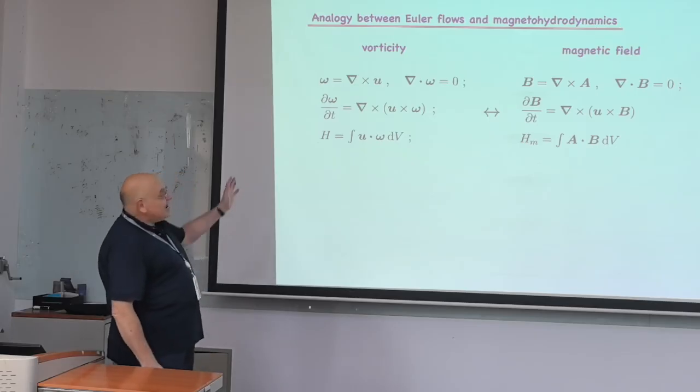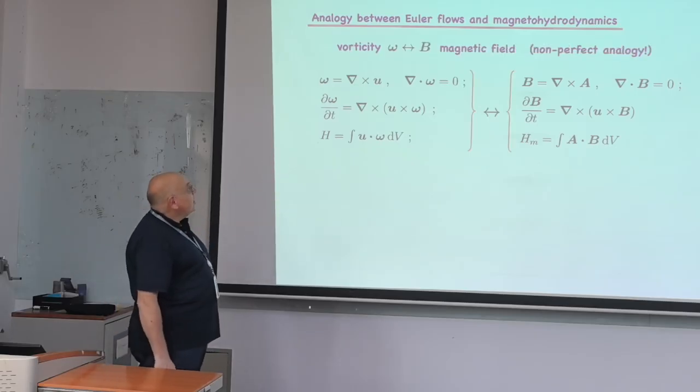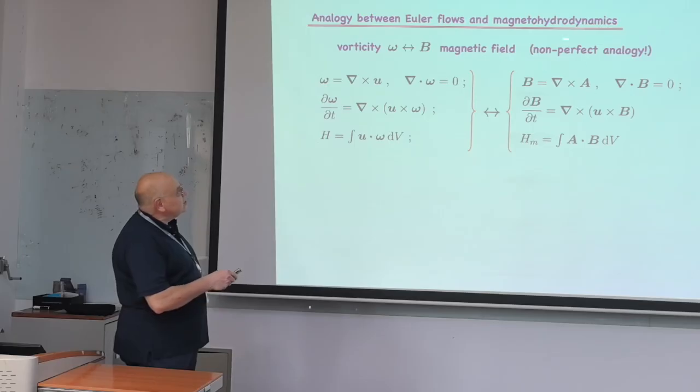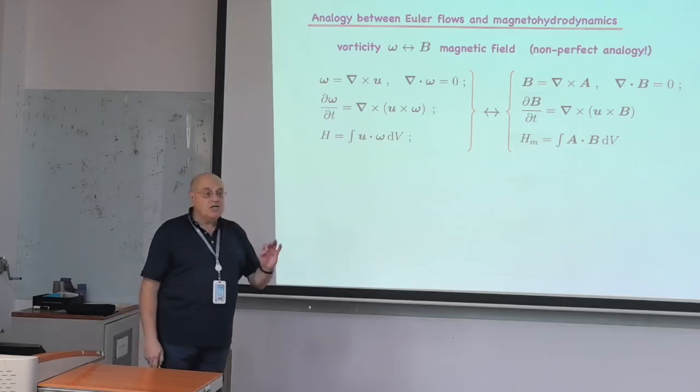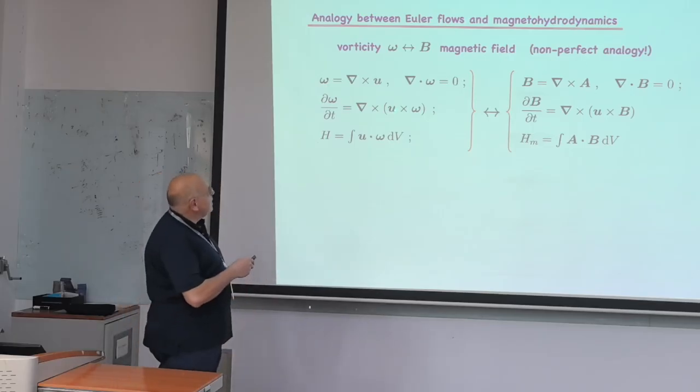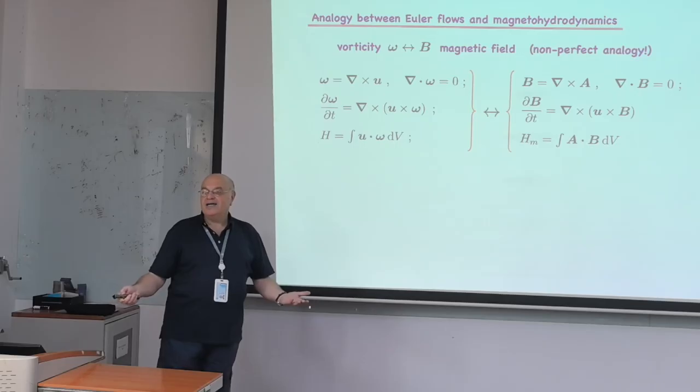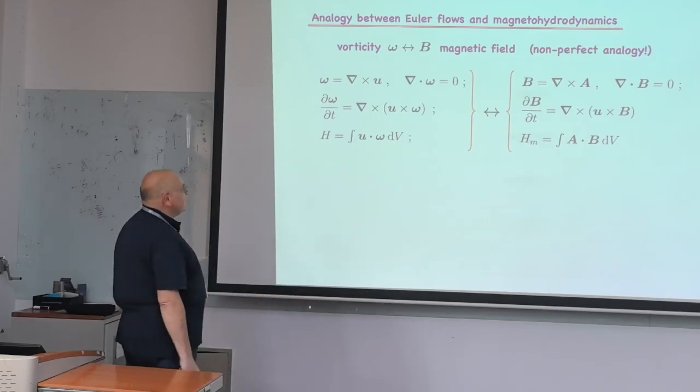So there is an analogy between these, but the analogy is not perfect. It's not perfect because here we have the velocity u that is related to the current, and here A has nothing to do with u. And so it's not really a perfect analogy.